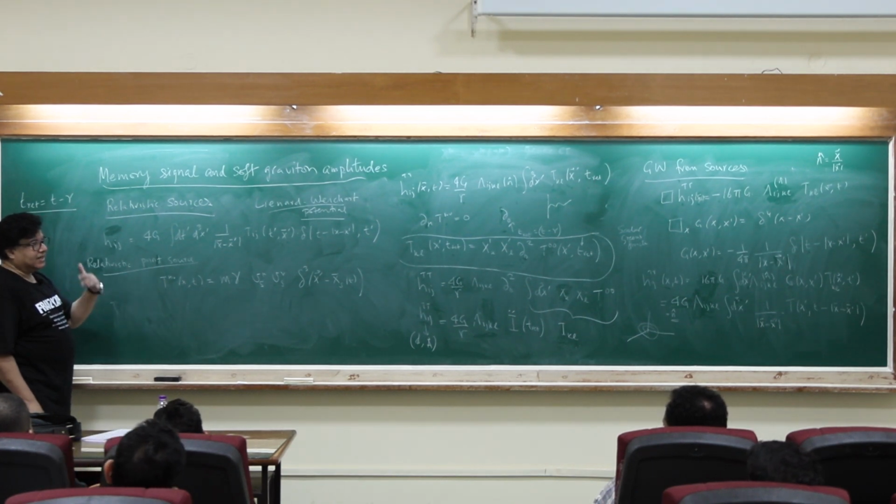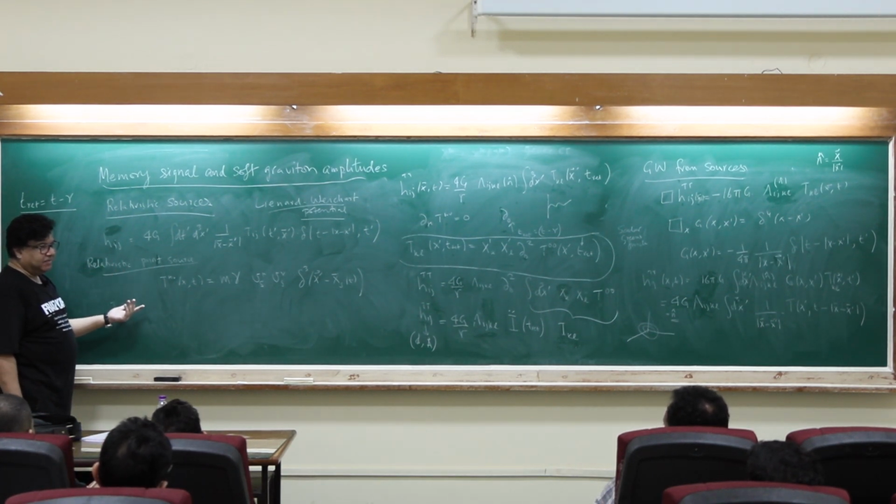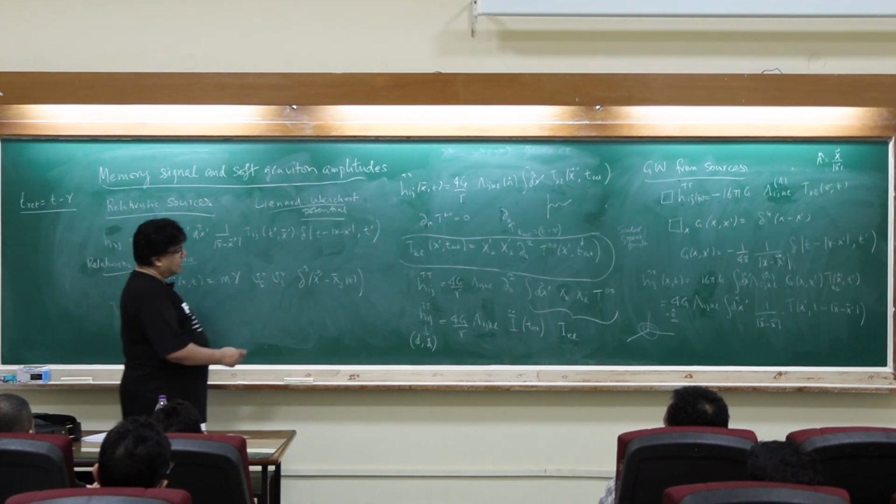T mu nu is defined as a field over all spacetime, but you have a source moving along a trajectory.